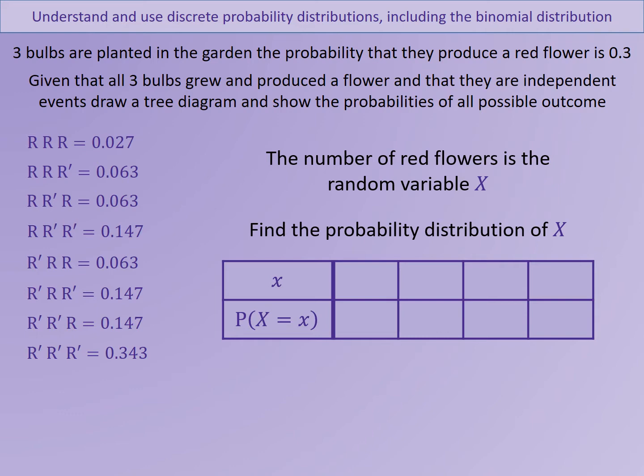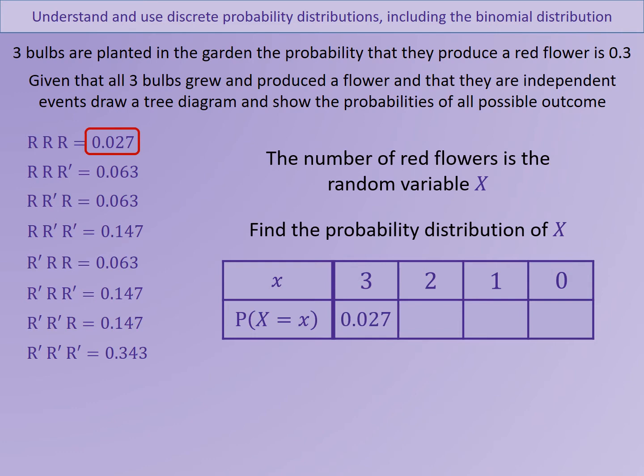So we can take a look at what are the outcomes of this event. You can either have 3 red flowers, 2 red flowers, 1 red flower, or 0 red flowers. And we can then have a look at all of the probabilities of these as well.